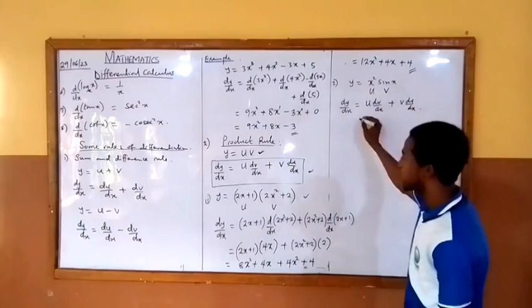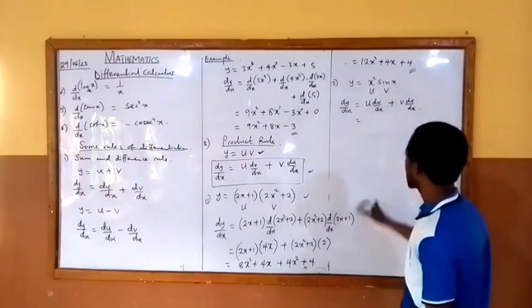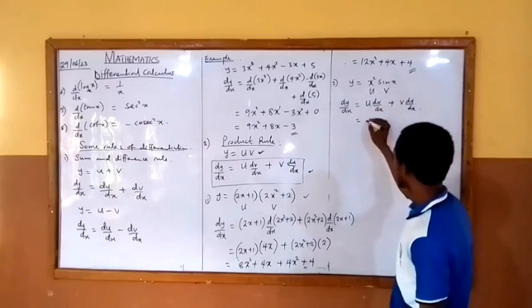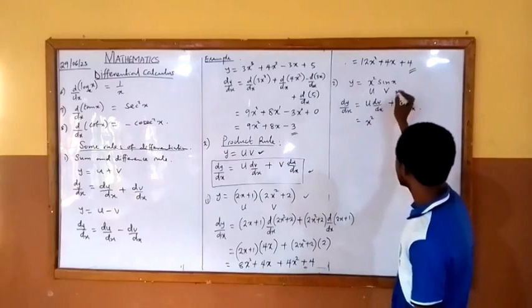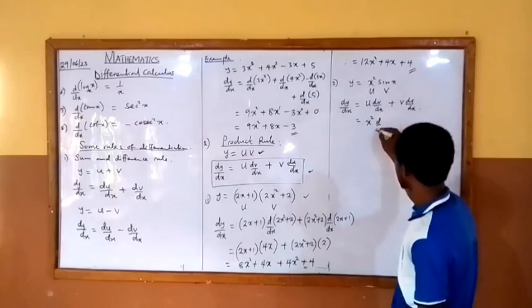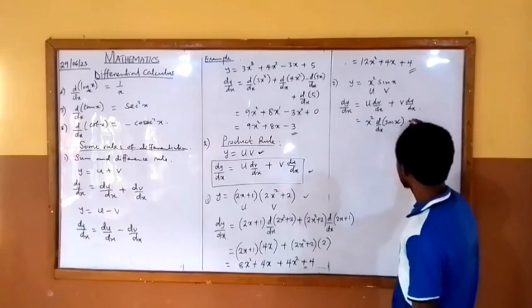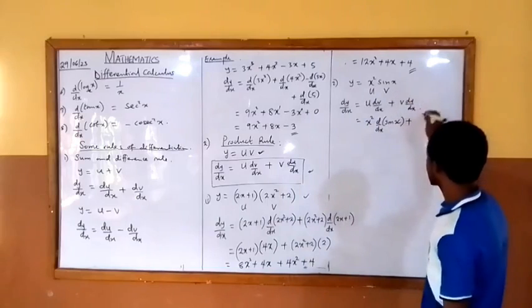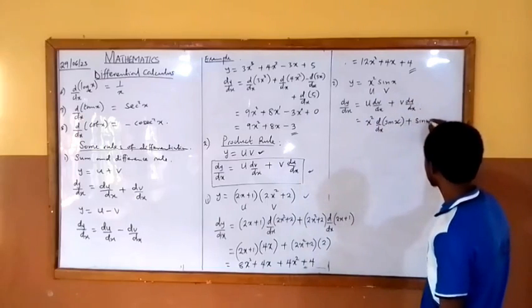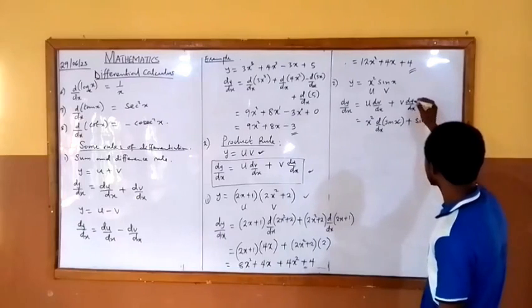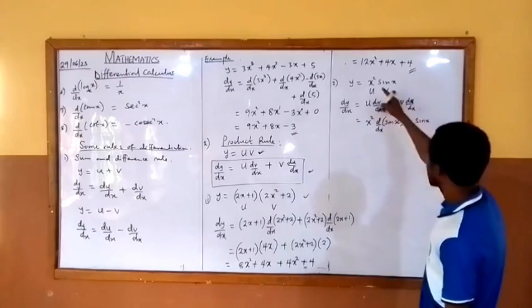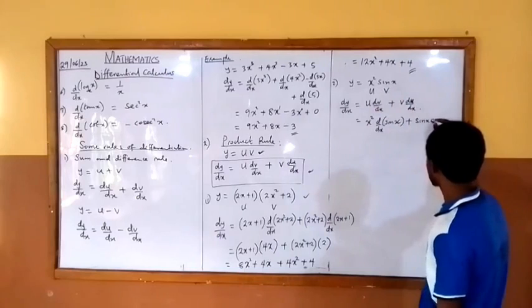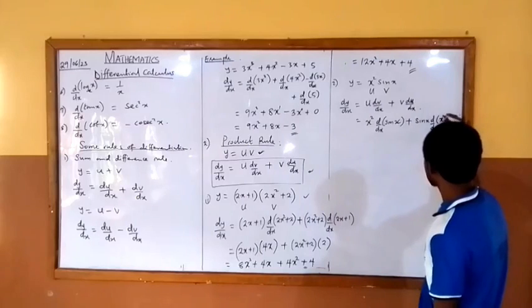So therefore we can just substitute here now and say u, that's x squared, then dv/dx, so d/dx of sine x now, then plus v, our v is sine x, so that's sine x, then du/dx means d/dx of x squared. So we have d/dx of x squared, that's our u.